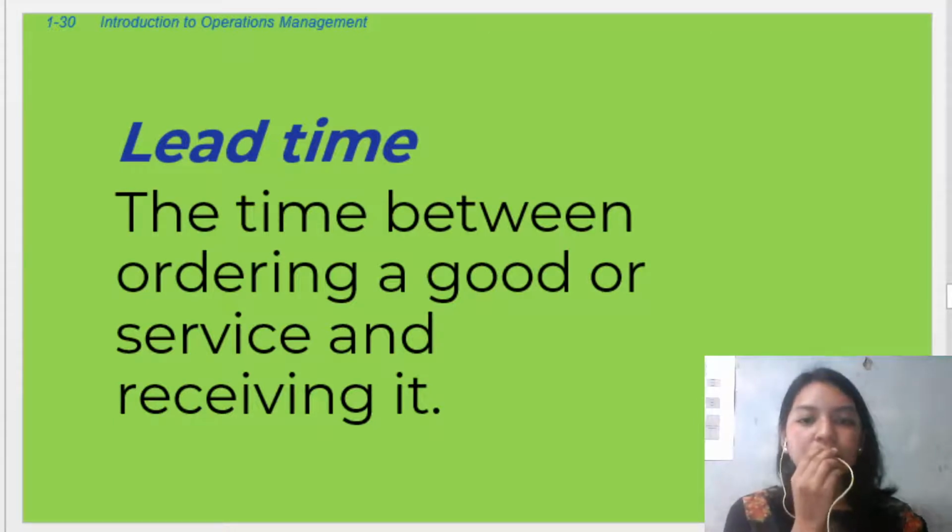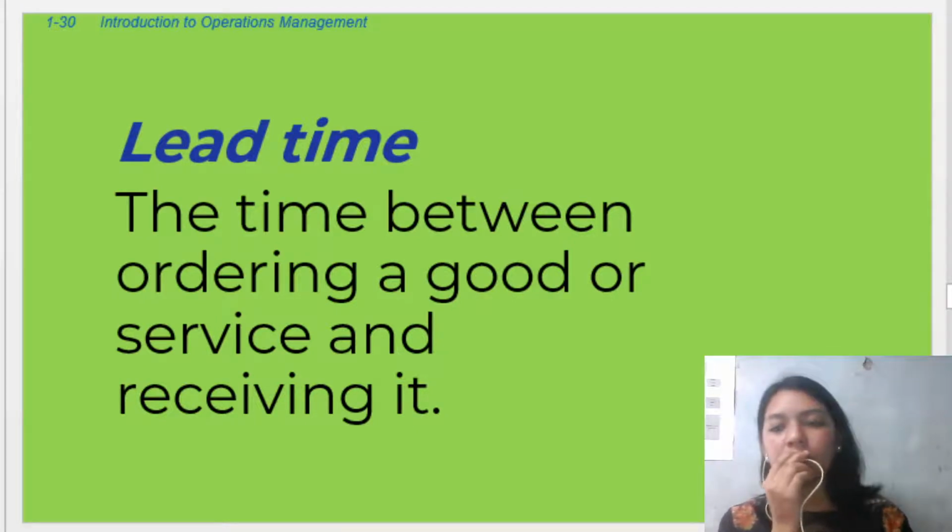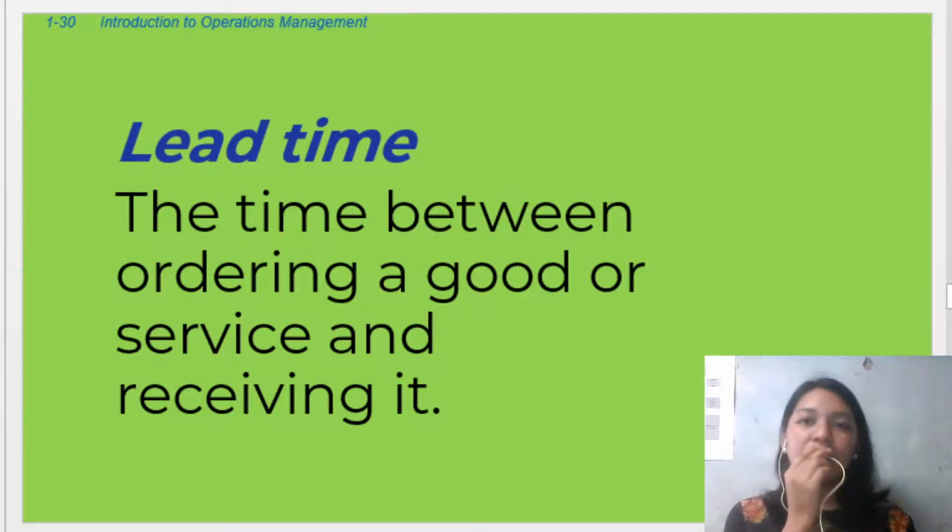So, kailangan malaman kung yung point of order, the moment when the customer orders, and kung kailan niya ma-receive yung order na yun. The gap between that time is what we call as the lead time. In order to give customers realistic estimates of how long will it take for the products to be produced and makakarating sa kanila.